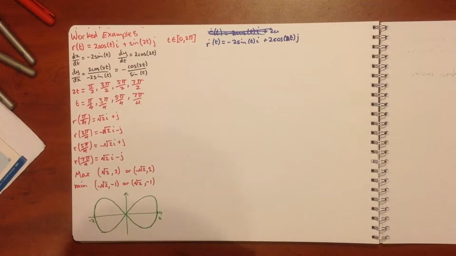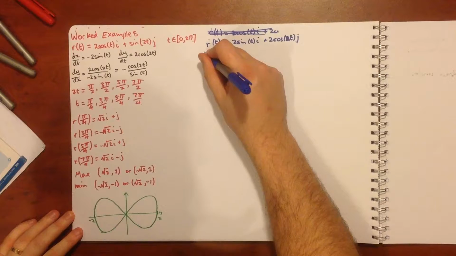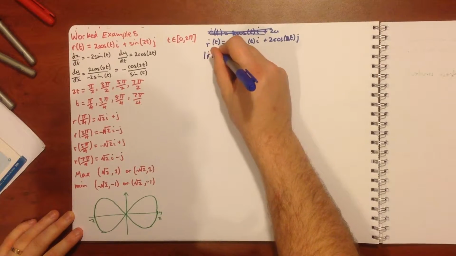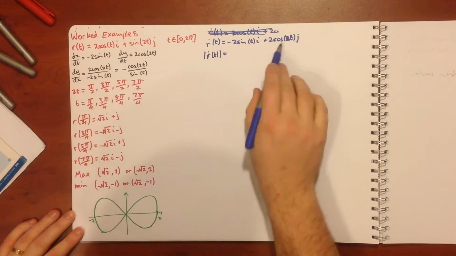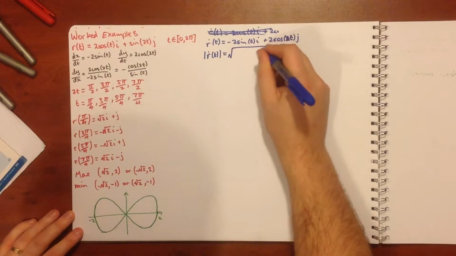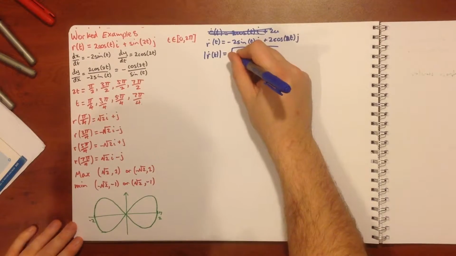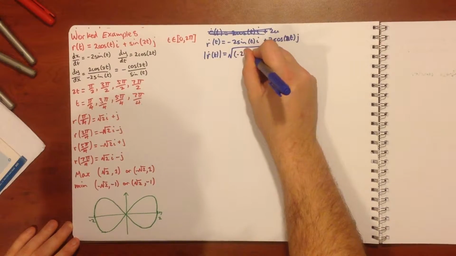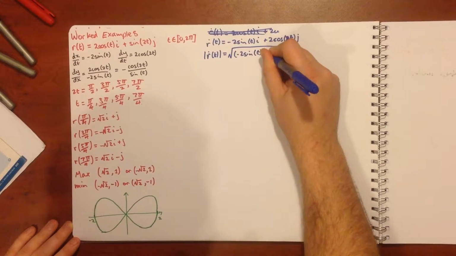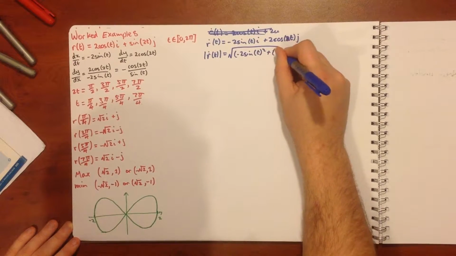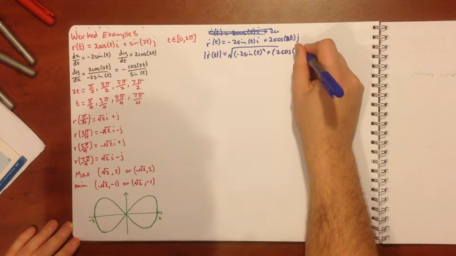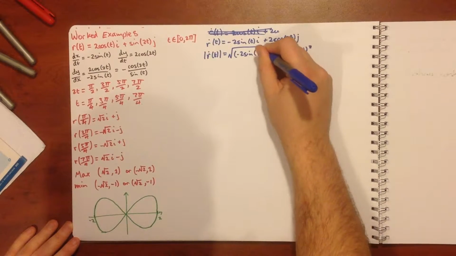And so we need the magnitude of that. It's going to be the square root of each of these parts squared, which is minus 2 sine of t squared plus 2 cos of 2t squared.